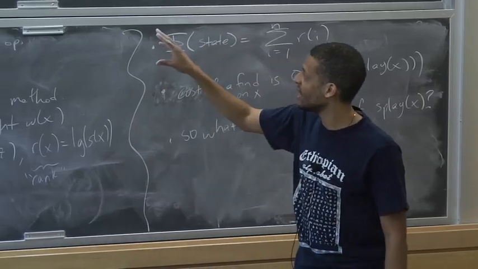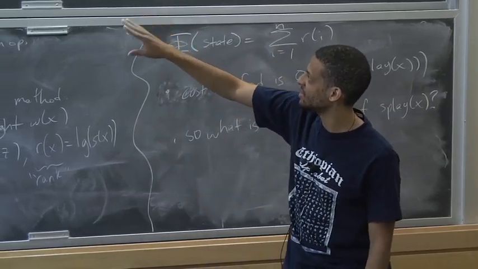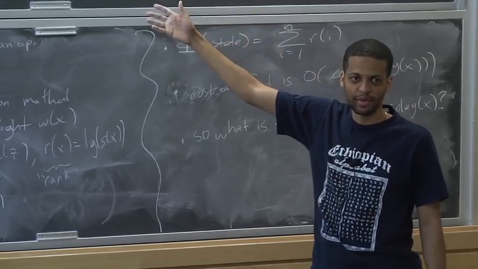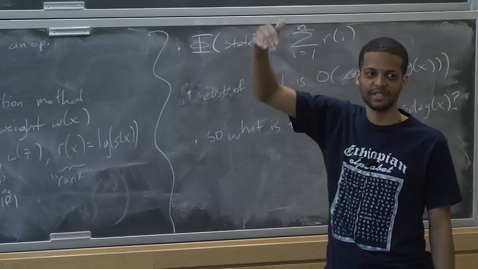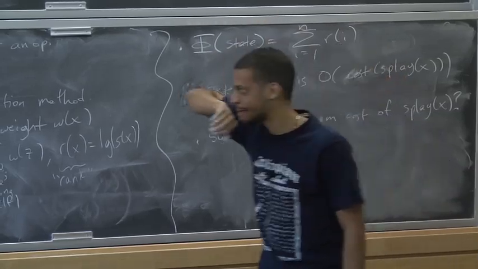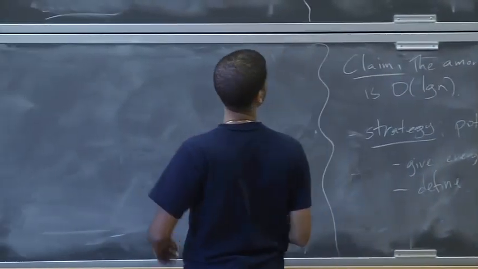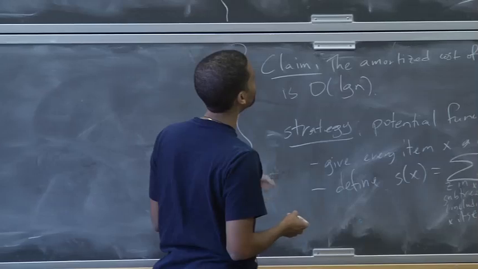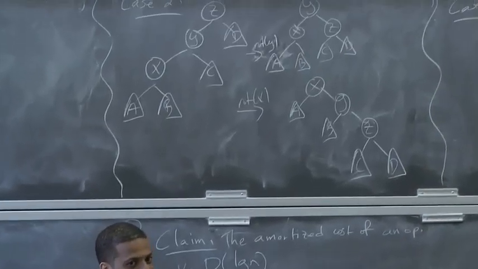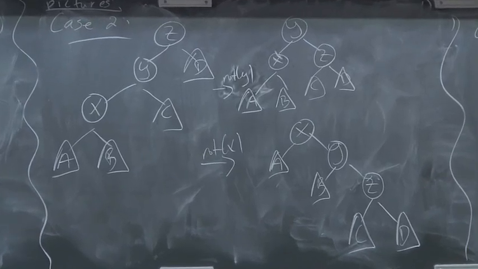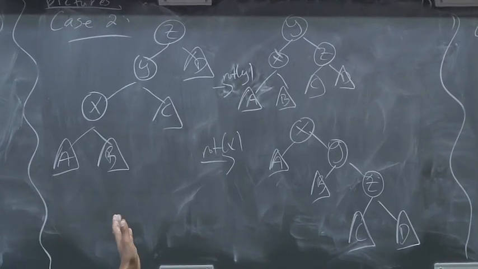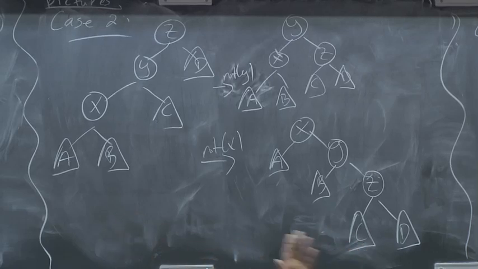So let's figure out the amortized cost of, let's say, a case 2 operation. And then we can just sum up everything as we splay all the way to the top. Everything else is kind of similar. Otherwise, you have to look at, what if it were right, right? What if it were left, right, right, left? It's just pointless to do this in class. So I'll just do one.